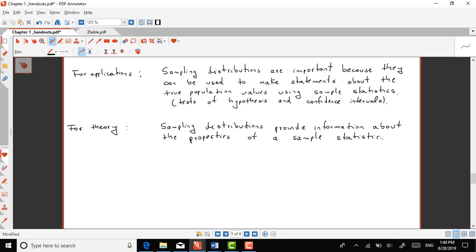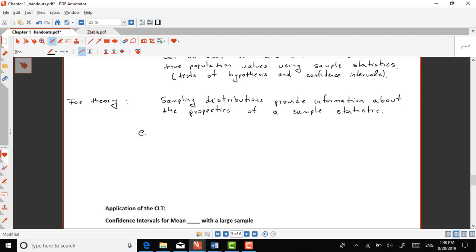So, let's see specifically for our mean, the sampling distribution of our mean, what two properties we can talk about. The first one is this property. Remember, that was given by one of the theorems. So in words, what is this telling us? The expected value is the same as the population mean.